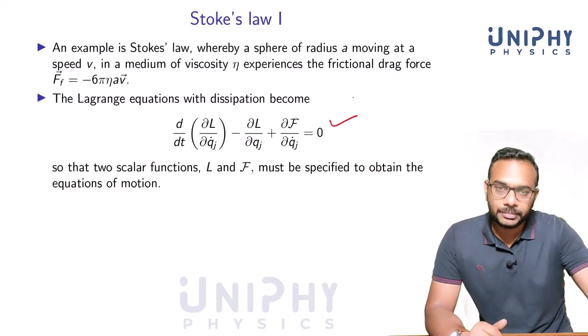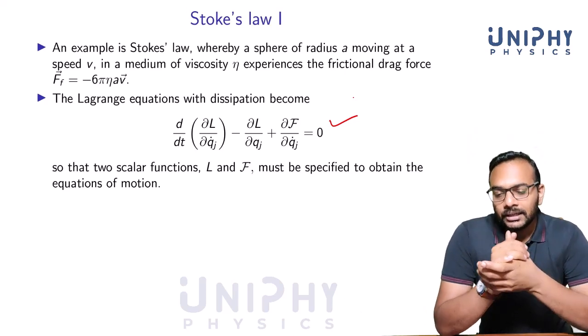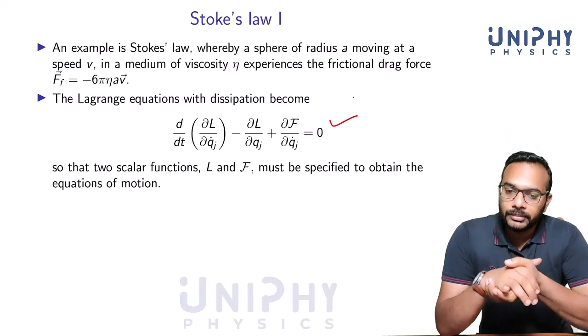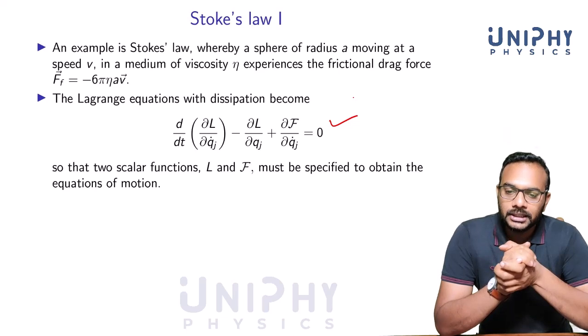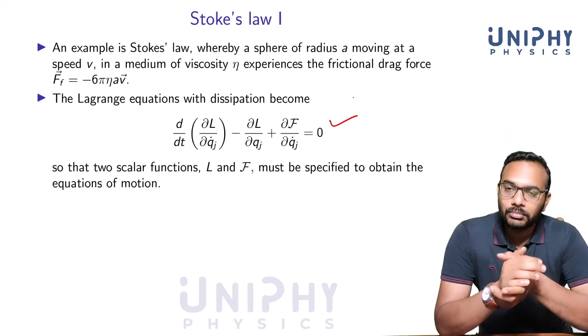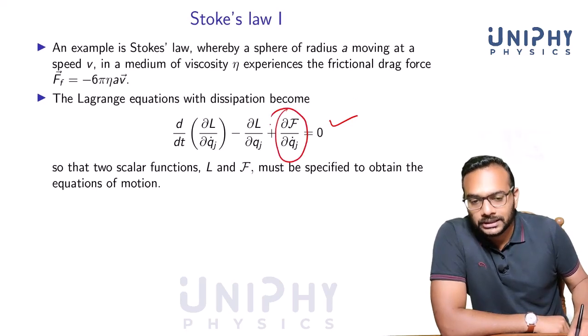So if there is a dissipation function, you cannot simply write d/dt of ∂L/∂qj-dot minus ∂L/∂qj equal to 0. You will have an extra contribution: d/dt of ∂L/∂qj-dot minus ∂L/∂qj plus ∂F/∂qj-dot is equal to 0.